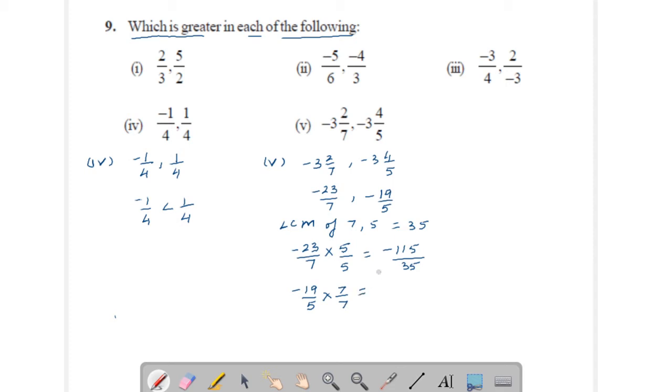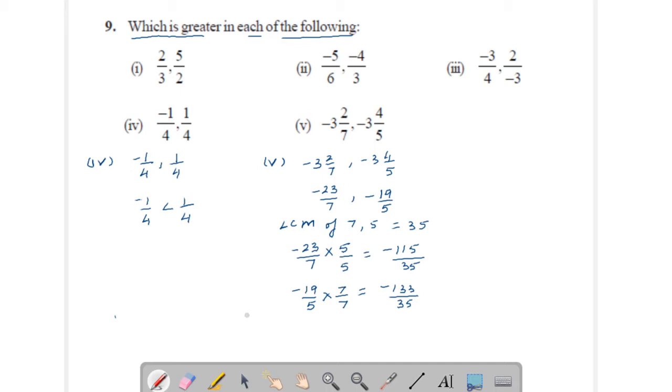What will you get? 133 upon 35. Here denominators are same. You have to compare numerator, that is minus 115 and minus 133. Minus 115 is greater than minus 133.